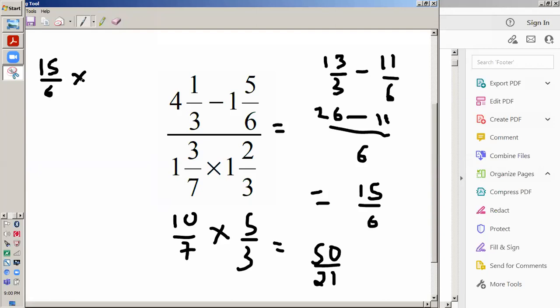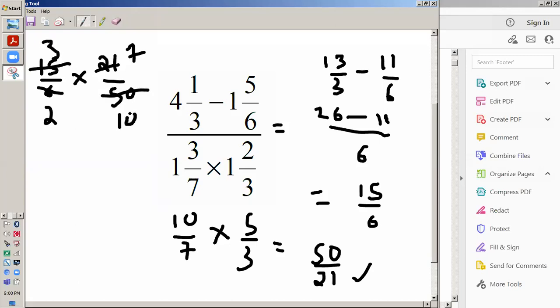Change the divide to a multiplication and reciprocate this fraction. So it's 21 over 50. I can use 3 into 6 goes 2, 3 into 21 goes 7. I can use 5 here, which is 3, and that's 10. So that's 21 over 20, or 1 and 1 over 20.